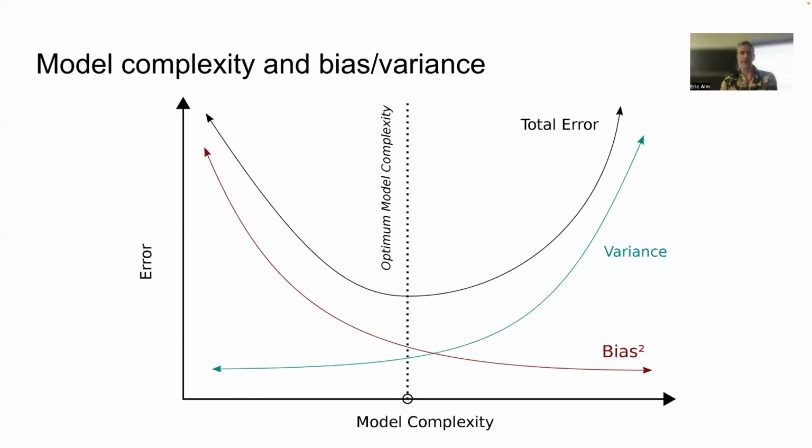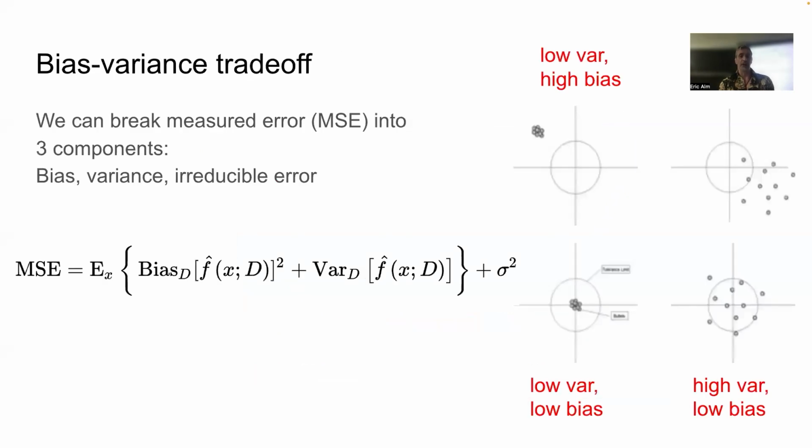In general, we have a trade-off between model complexity and different types of error, and we can break the error down into three different components. One is going to be the bias, and that really is, if we were to look at an infinite number of examples, where would the model be converging?